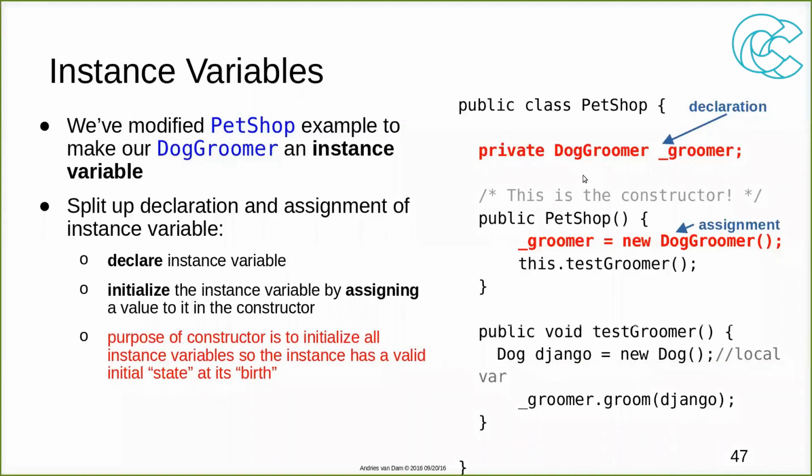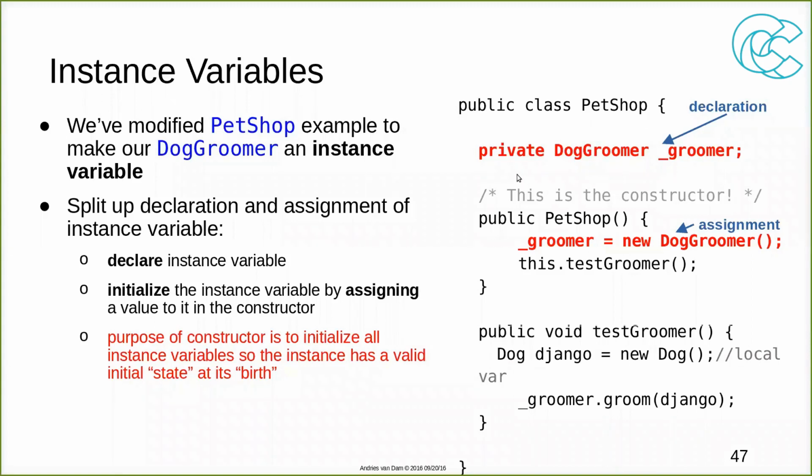Then this particular instance is accessible to all the methods in this class. You can use groomer in the constructor and initialize it, and you can also use it in the other methods, but you cannot use it beyond the class. The only way to use it outside would be through the public methods. If you have a setter and a getter, then you can use it.